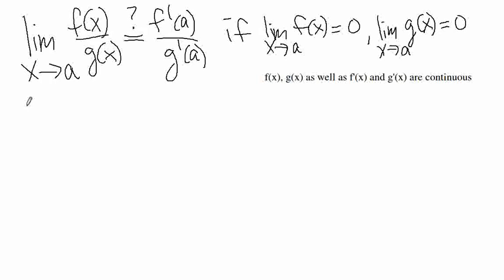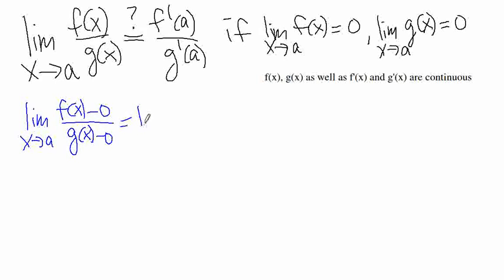Let's do some manipulations on the original left side. Do you agree that I can subtract 0 from the top and bottom? I hope you agree. That doesn't change the answer. Do you also agree that I can substitute something else equal to 0, like f of a? Why does f of a equal 0, you ask?